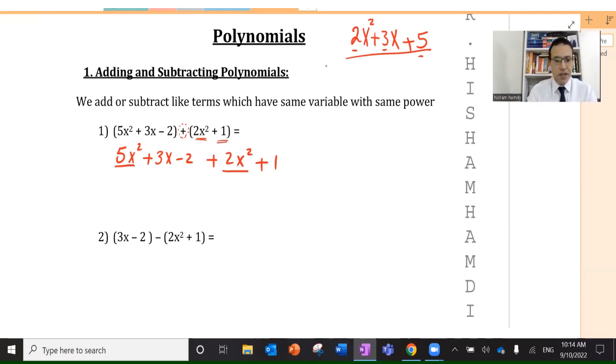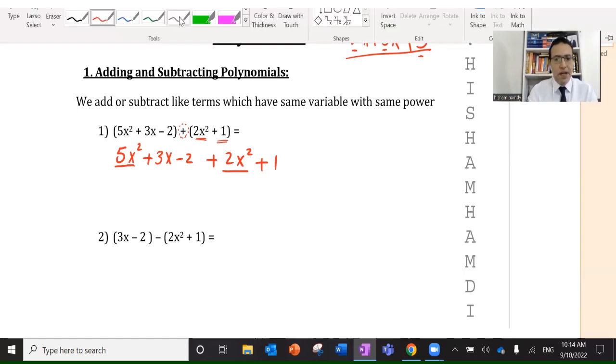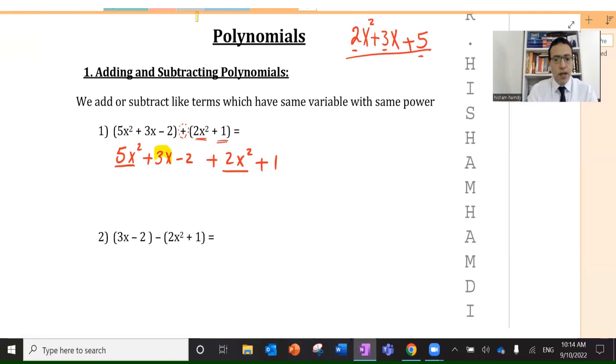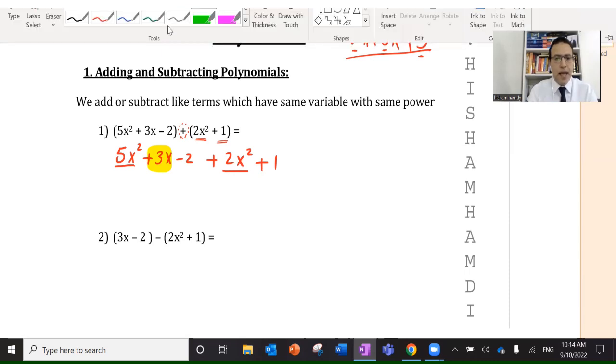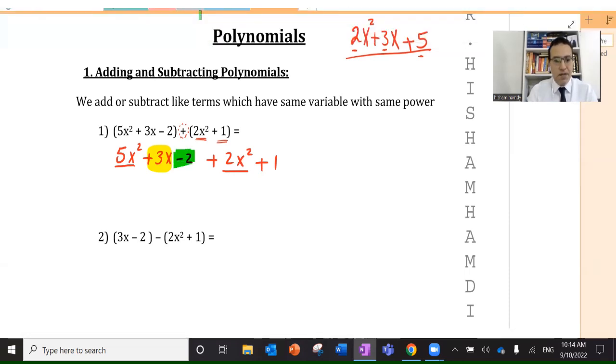Here I have 5x squared. There I have 2x squared. And I have here 3x, and no other terms have x. So 3x has no like terms. And I have -2 and +1.